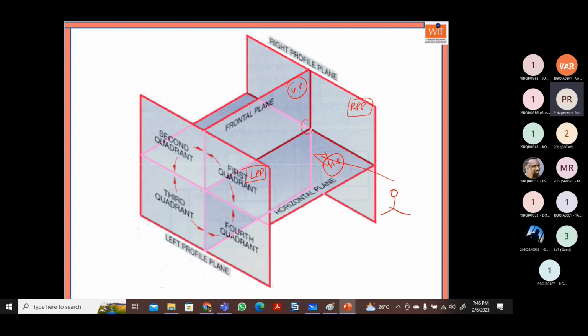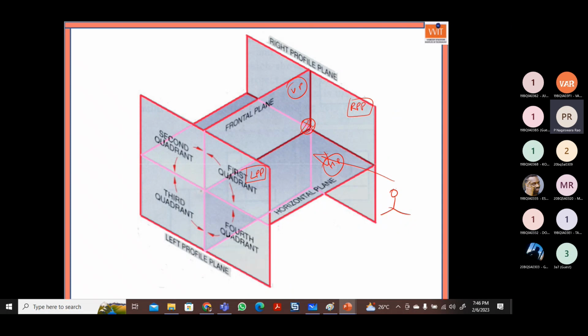Now the object location will change here, in the first, second, third or fourth quadrant, which we discuss now. When you observe the object from the left side, we can see the left side from here also.